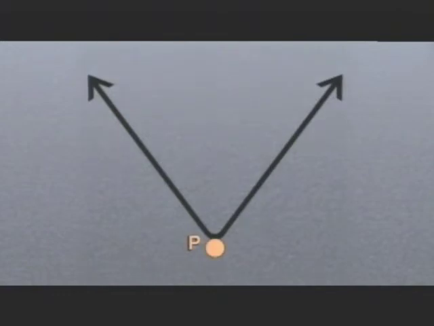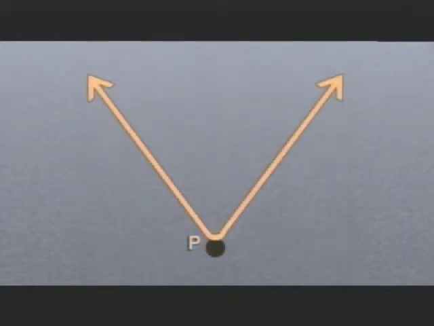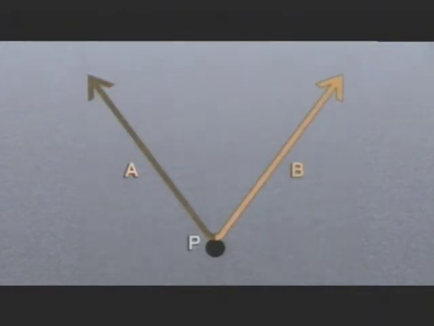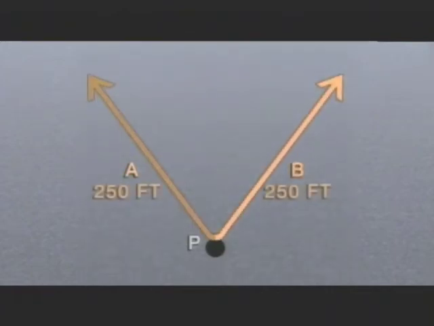We'll label the corner pole P. The poles on either side of pole P are not shown to keep the illustration clear. This line represents a 477 MCM ACSR conductor. We'll label this span A and this span B. Span A and span B are both 250 feet long.